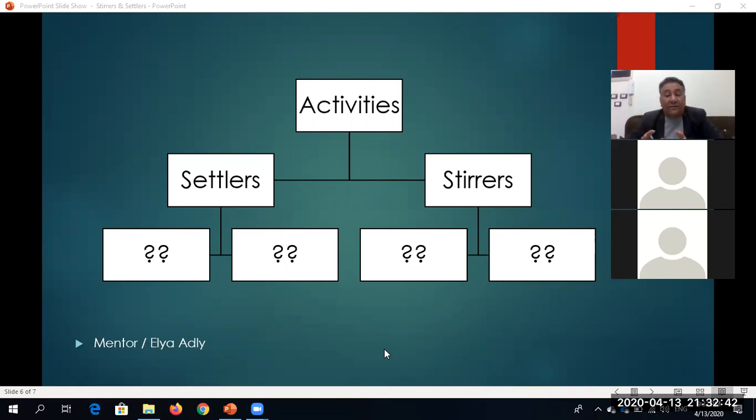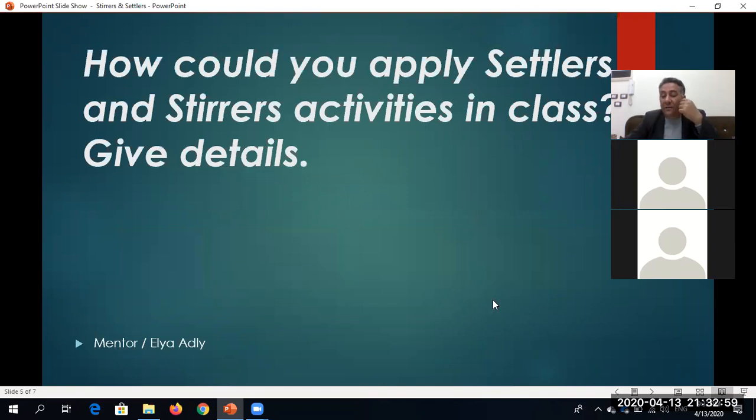Okay, survey. Using a survey activity, is it a stirrer or a settler? Stirrers. So how could you make it a stirrer? Could you give us some details? How could you apply it as a stirrer?